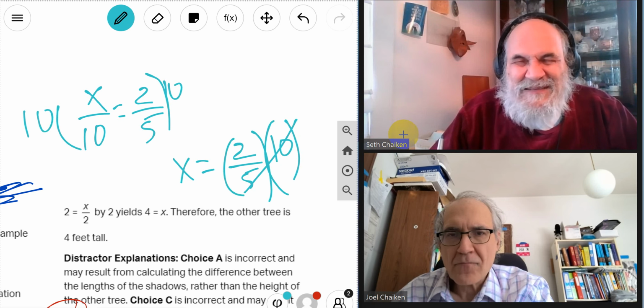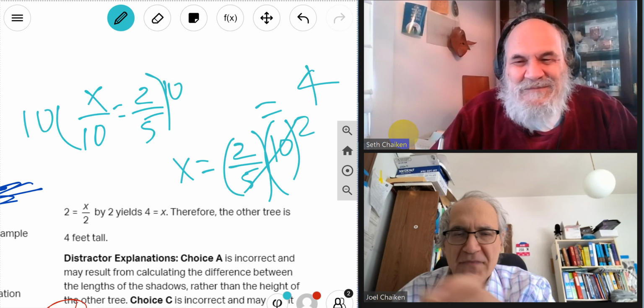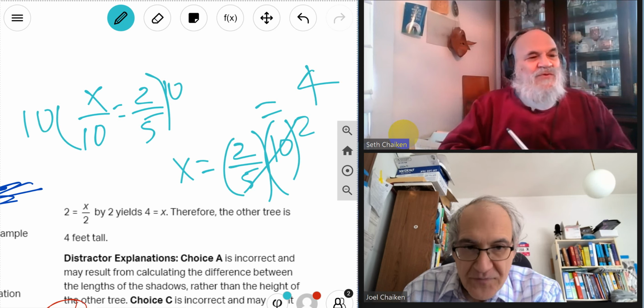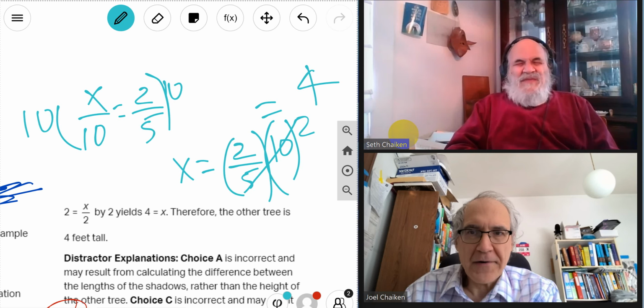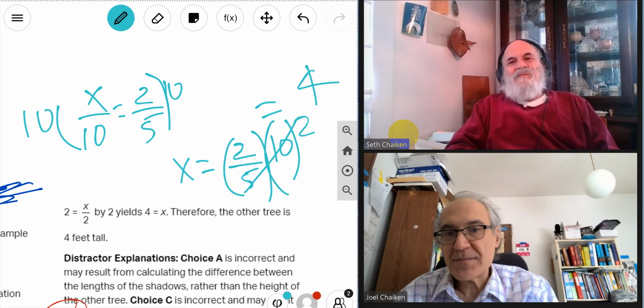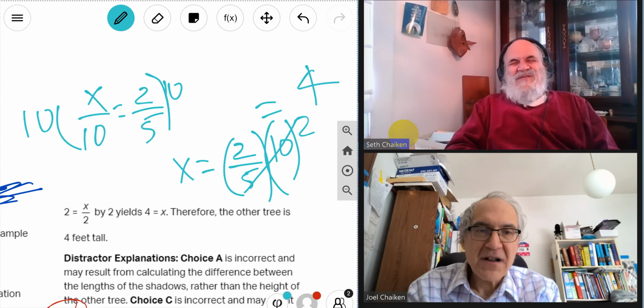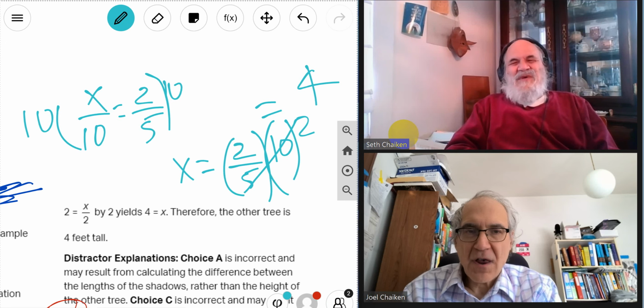Yeah, absolutely. So you do one multiplication and one division instead of two multiplications and one division. That's right. It's 2/3 of the number of operations.